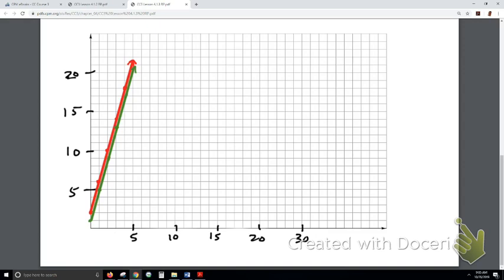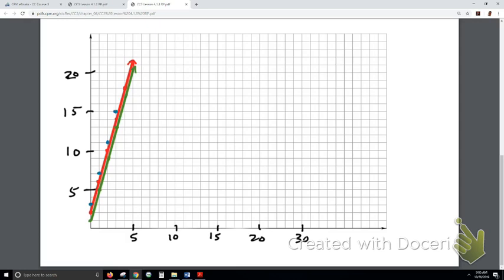Okay, so I'm going to start graphing pattern number 3. The equation is y equals 4x plus 3. That first point we have is (0, 3). Then we have (1, 7). Then we have (2, 11). And (3, 15).